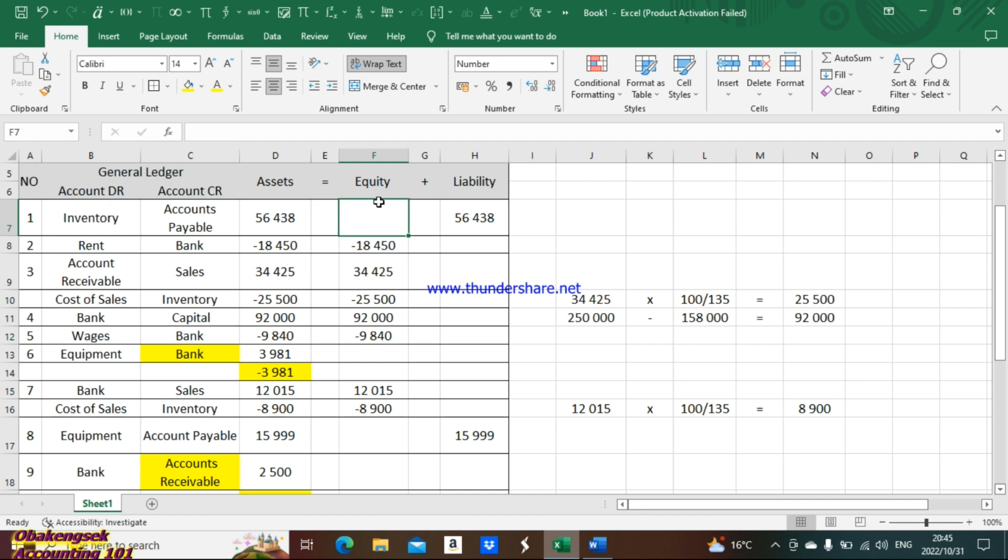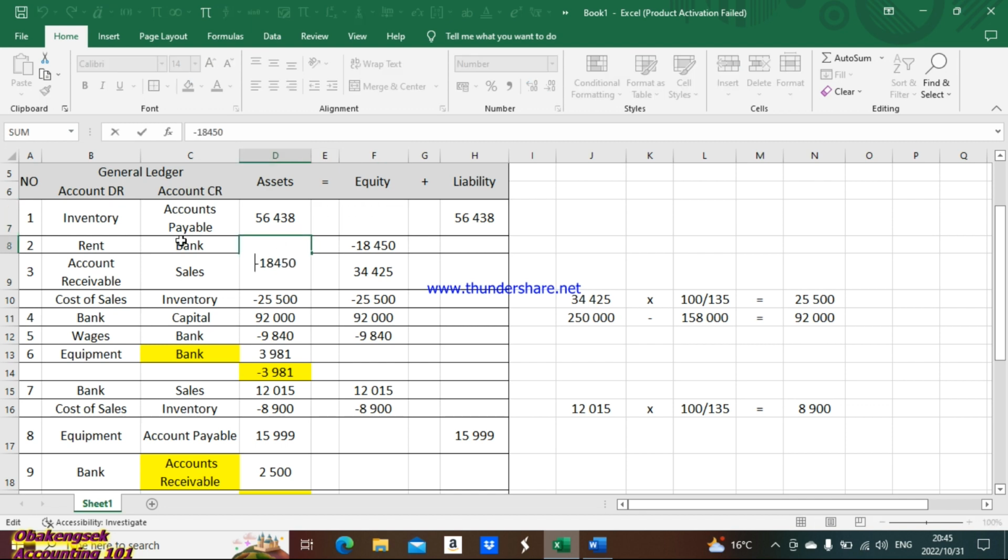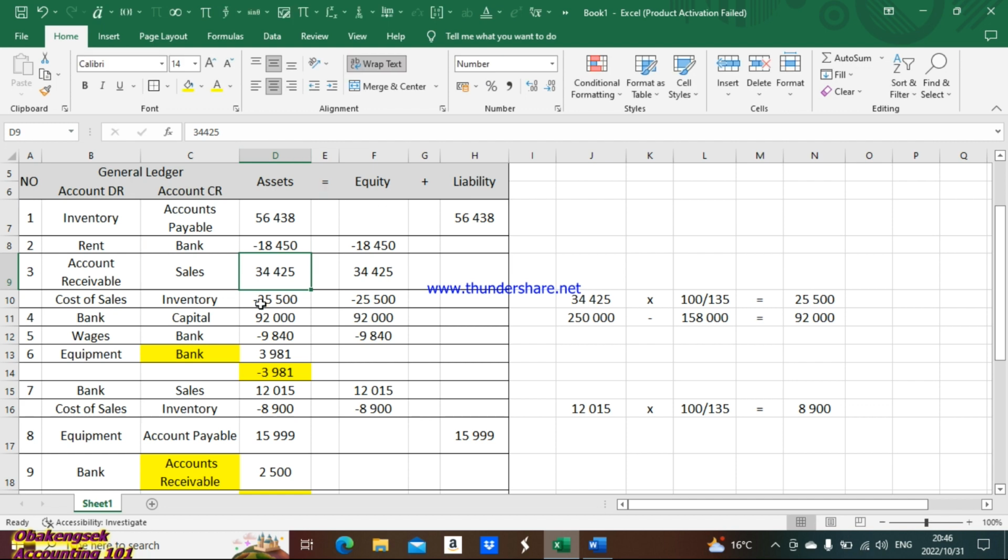I'll try to show you something. So you see here, guys. We are not supposed to be adding. We're supposed to be explaining. So here, this is a rent expense. So rent expense is an expense, it's in the name.